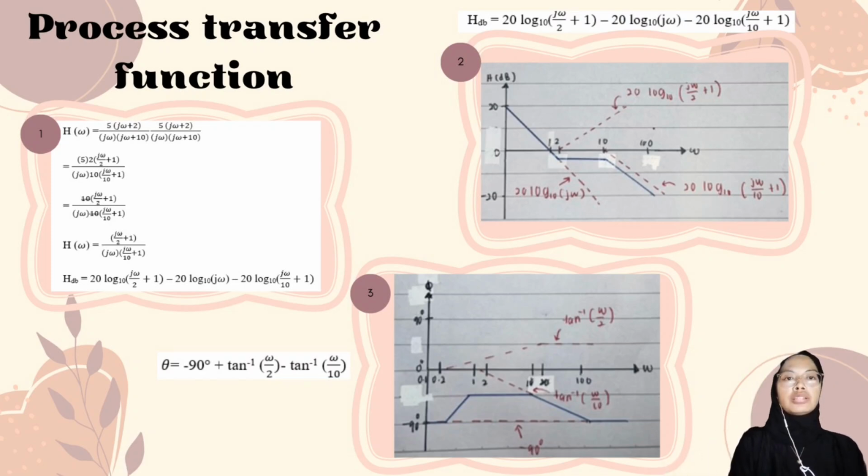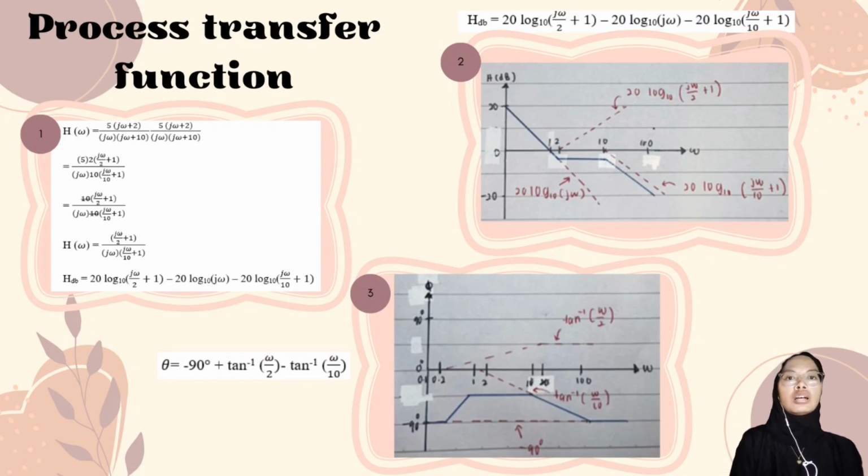After we multiply the value same with the question, we will get the answer: 5 times 2 times (j omega over 2 plus 1) divided by j omega times 10 times (j omega over 10 plus 1). By that, we will get the numerator and denominator constant the same, which is 10.